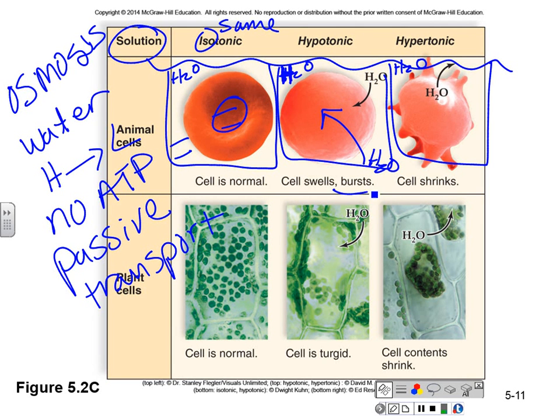That's going to cause the red blood cell to swell and burst. In the hypertonic example, the water from the inside of the cell goes outside to balance, and in this case, the cell is going to shrink.